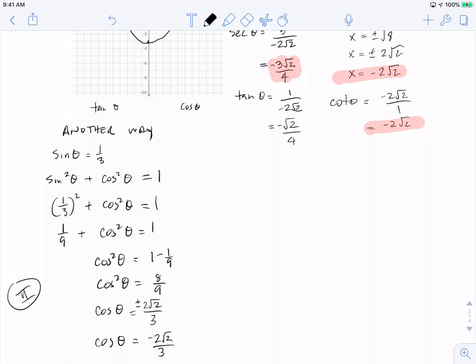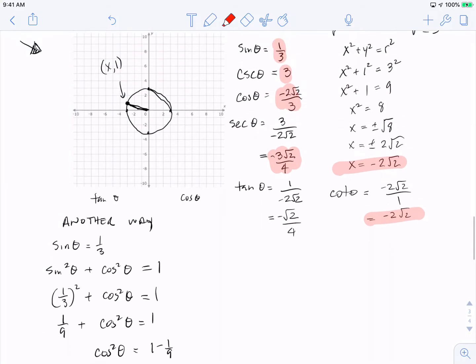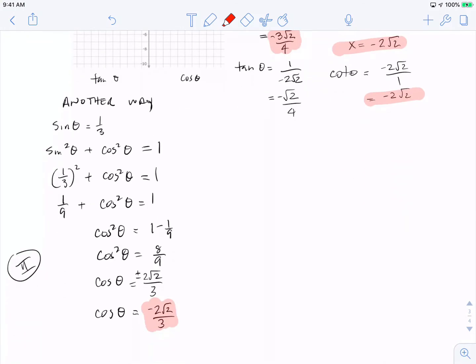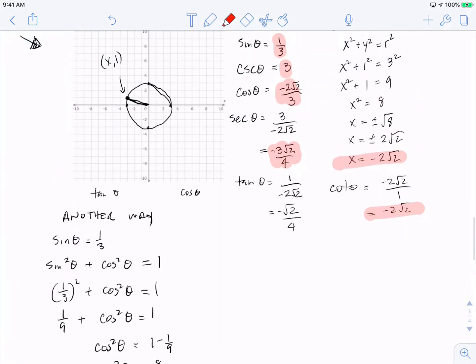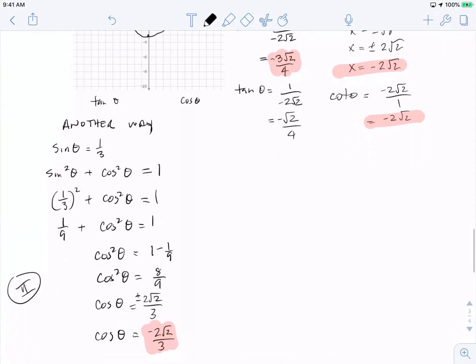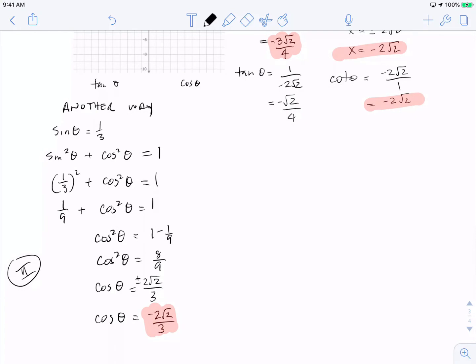Now let's see if that matches. See if I did this math right. So I have negative 2 radical 2 over 3, and I have negative 2 radical 2 over 3. So they are, in fact, the same. Good. So now that I have that, I can find all the others by using the ratios that we had just seen.